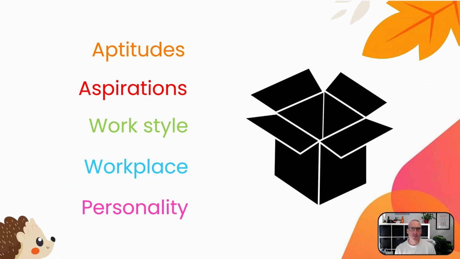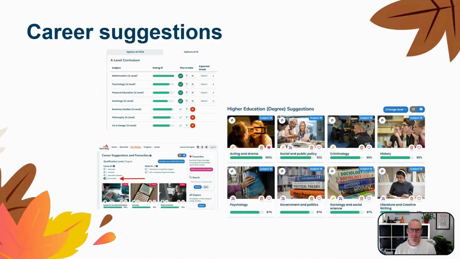Taking a step back, if you think of the personality questionnaire being one of the suite of questions and assessments offered, Morrisby, in terms of its black box or the algorithm that is supporting the person's profile, takes into consideration responses to the aptitude assessments, so those abilities around verbal, numerical, abstract, spatial, and mechanical, aspirations, work style, workplace, and also the personality to then provide the report.